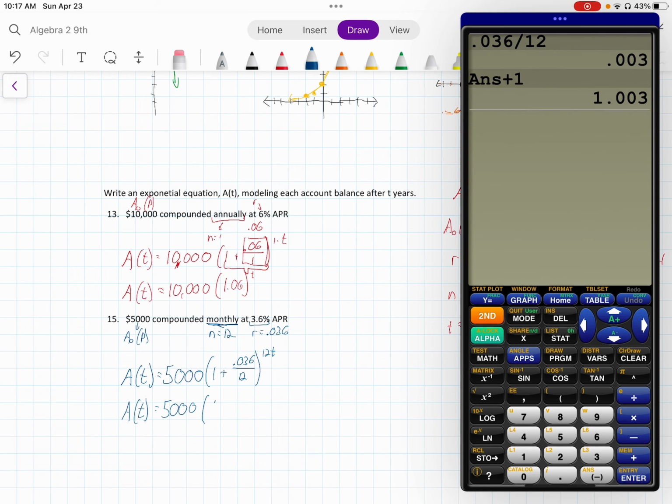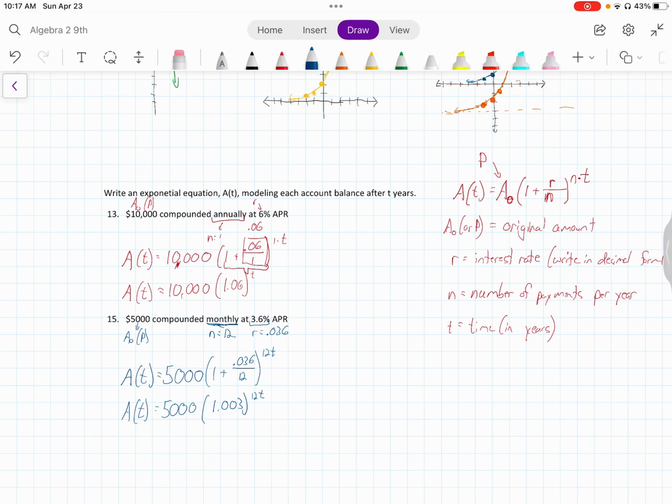Obviously, that's 1.003 to the 12t power. And that is the formula for $5,000 compounded monthly at 3.6%.